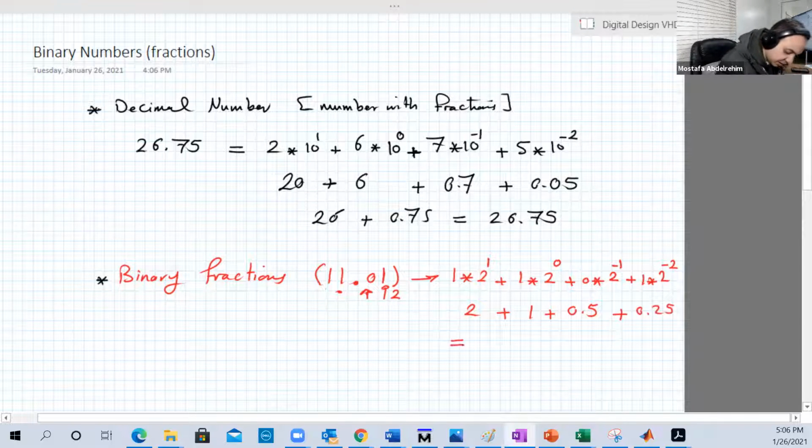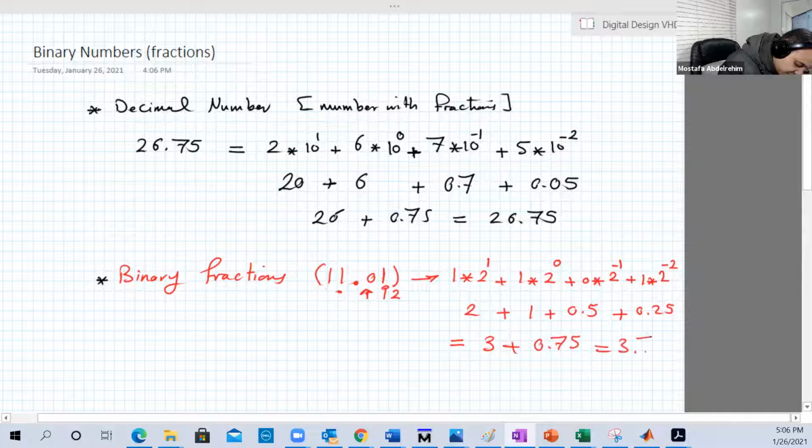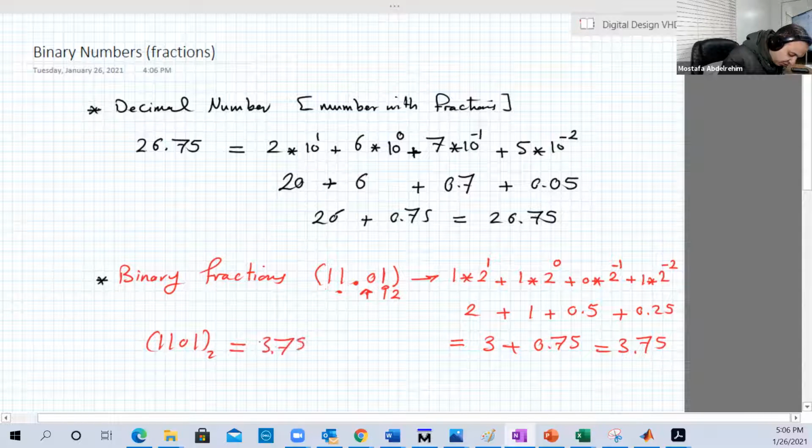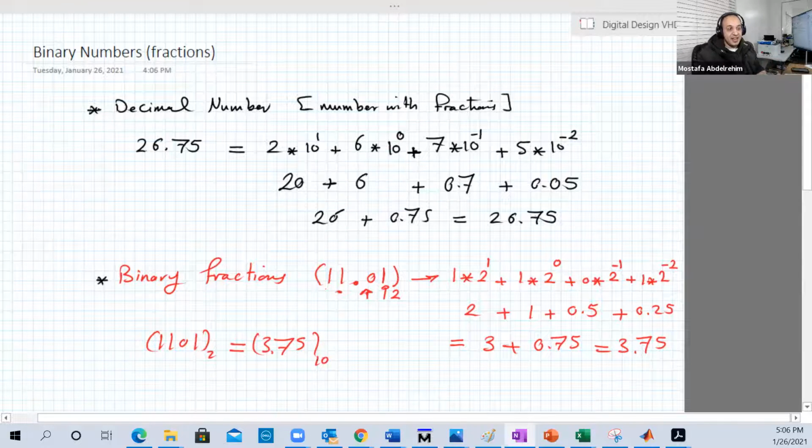So 2 plus 1 is 3, and 0.5 plus 0.25 is 0.75. So this number is actually 3.75. Basically 11.01 in binary is equivalent to 3.75 in decimal.